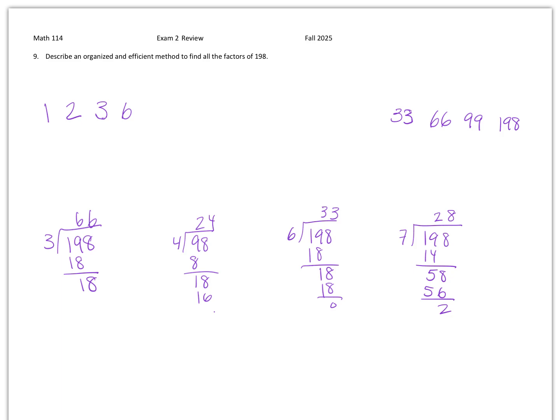Is 8 a factor? Well, there is a test for divisibility by 8, but if 4 is not a factor, 8's definitely not going to be a factor, right? Because for 8 to be a factor, both 4 and 2 would have to be factors. 4 is not a factor, so 8's not going to be a factor.